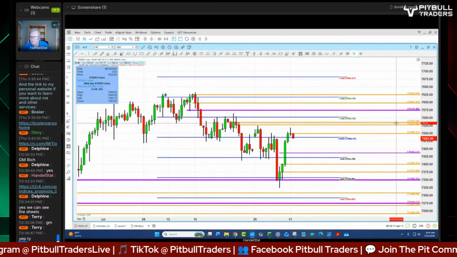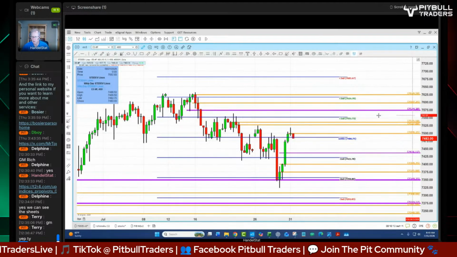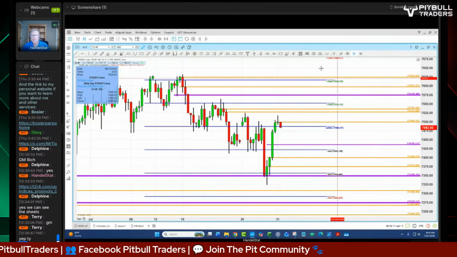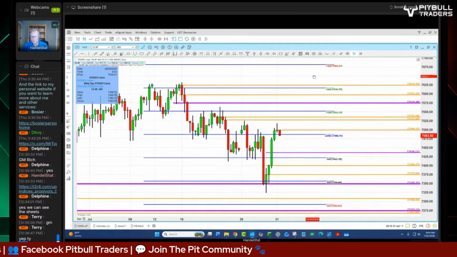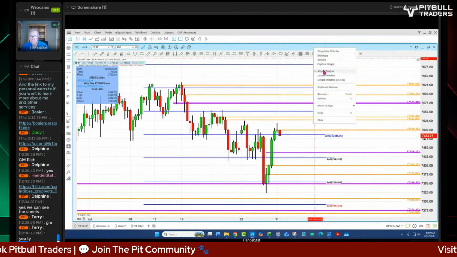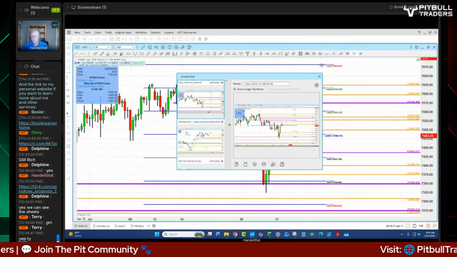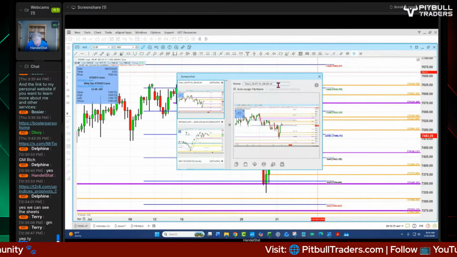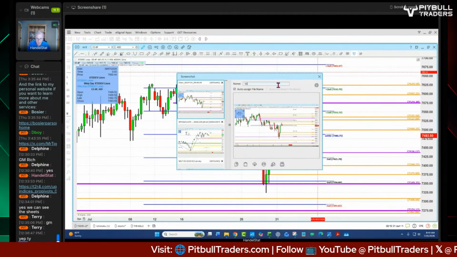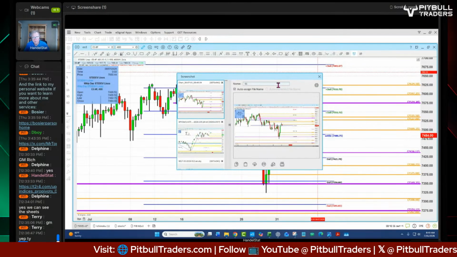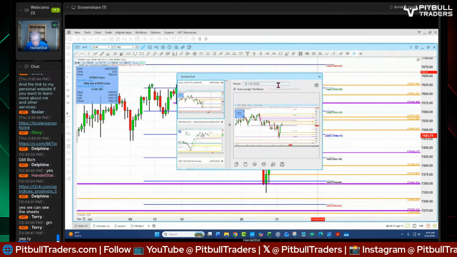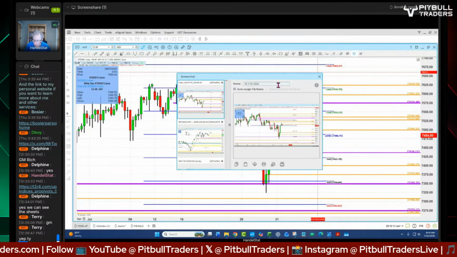Let me just save this page. Let me move this up a little bit. Capture image. Right there. Capture image. And this is ES 7-31-2026, and it is 840.